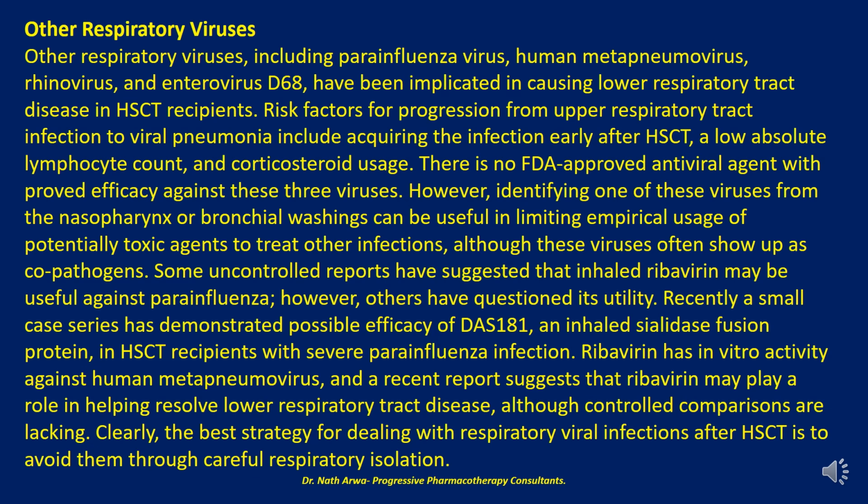Ribavirin has in vitro activity against human metapneumovirus, and a recent report suggests that ribavirin may play a role in helping resolve lower respiratory tract disease, although controlled comparisons are lacking. Clearly, the best strategy for dealing with respiratory viral infections after hematopoietic stem cell transplantation is to avoid them through careful respiratory isolation.